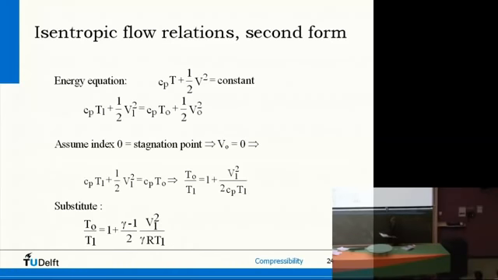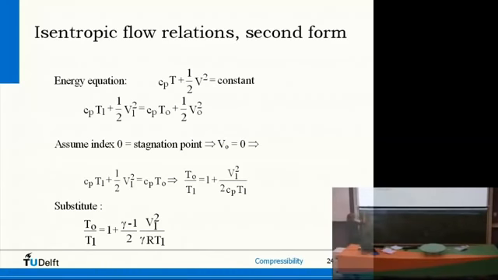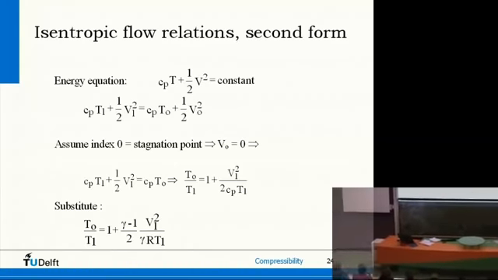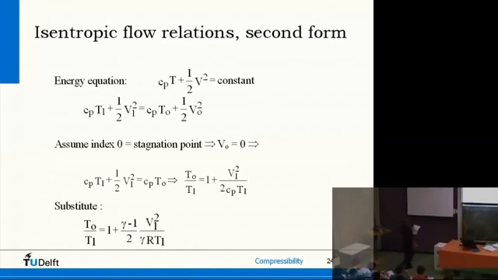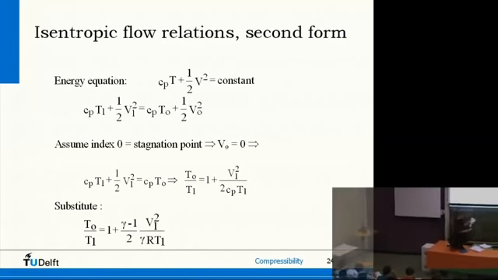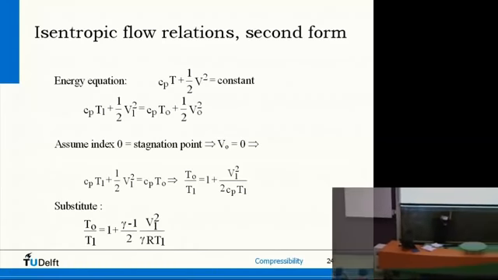Okay, so we need to rework CPs and gammas. Well, where do I start? We have a relation between R and CP, namely R is CP minus CV. If you forget this, not a problem, because you can actually find it from this one. We had H is E plus PV.